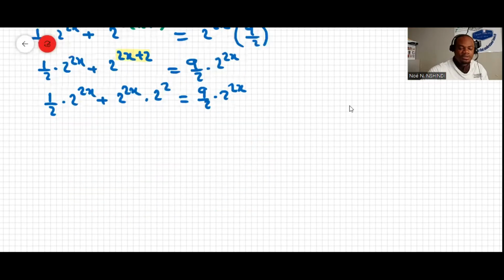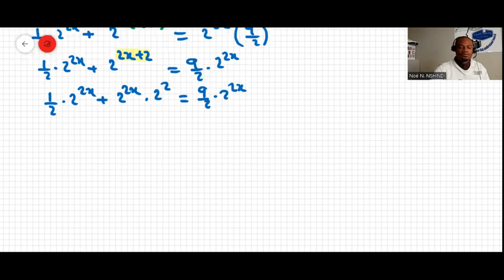Then 2 squared here is just 4, so we can write it as a half multiplied by 2 to the 2x plus 4 times 2 to the 2x, equal to 9/2 multiplied by 2 to the 2x.